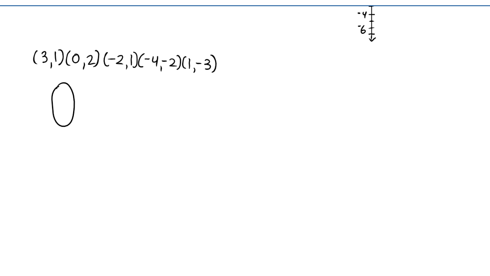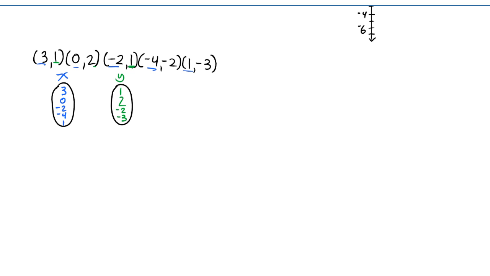We could create a table with this, we could graph these, but we are just going to do a mapping. So we're going to start out by putting all of our x's into the first bubble, if you will. So we have 3, 0, -2, -4, and 1. Didn't really leave myself that much space, that's right though. And then we have our y's. We have 1, 2. Now we see that 1 is repeated again, so we're not going to write it again. We're just going to have it with this one, -2 and -3.